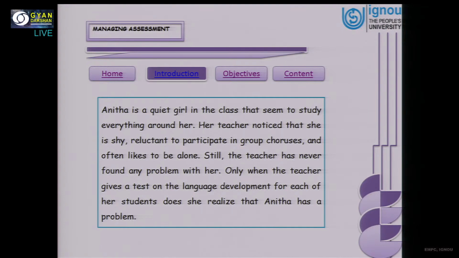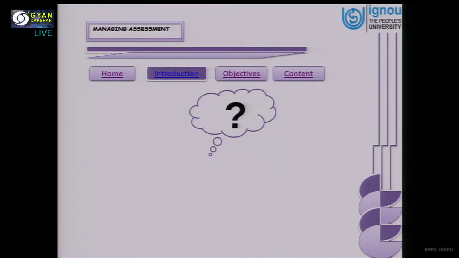Still, the teacher never found any problem with her. Only when the teacher gave a test on language development for each of her students did she realize that Anita has a problem. So when we go through this case, two questions arise.